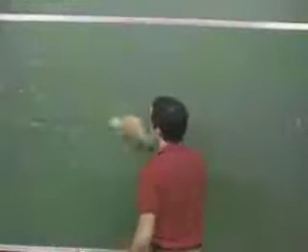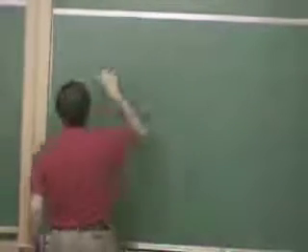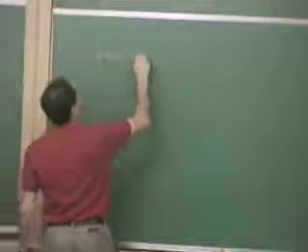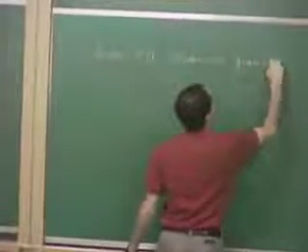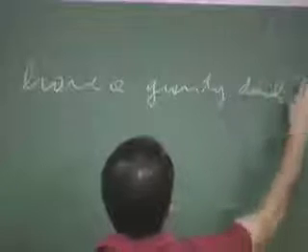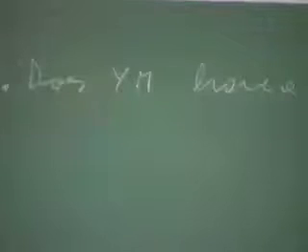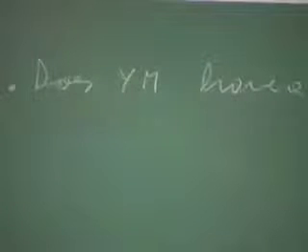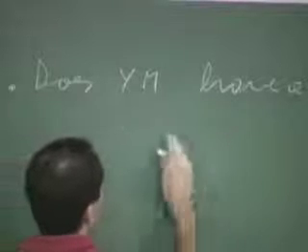Then you can ask, well, maybe we were not smart enough in finding a good example. Maybe there is an actual nice example where there is a gravitational dual of Yang-Mills theory. Now, suppose it had a gravity dual.